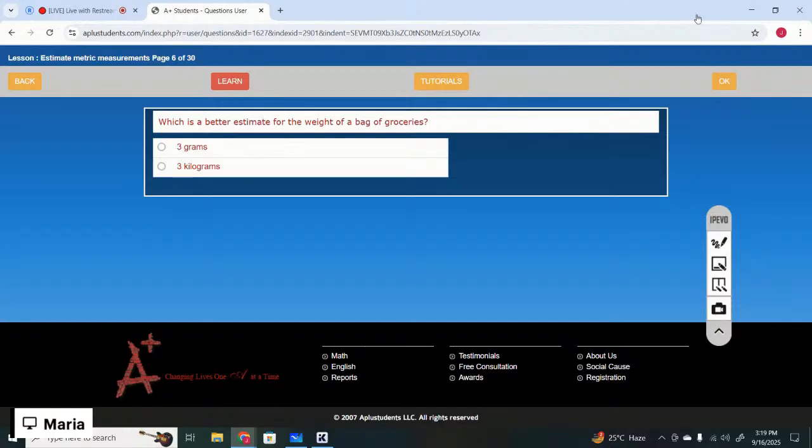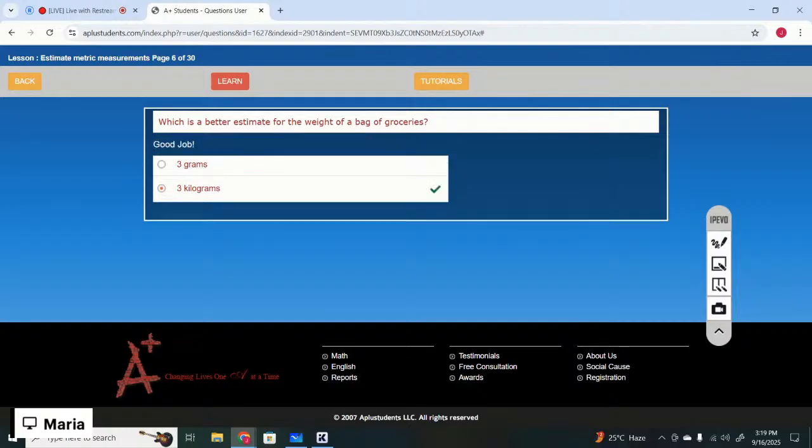The bag of groceries would be 3 kilograms. Option number 2 is the correct option.